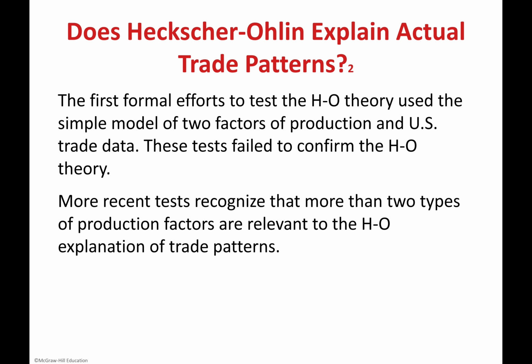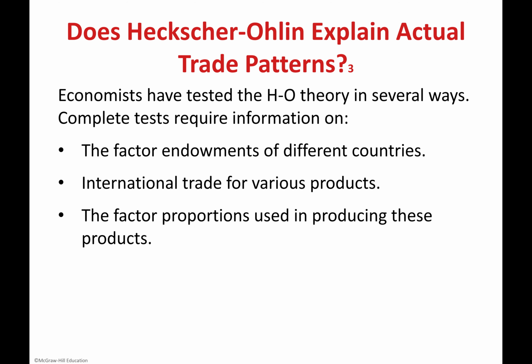So the first formal tests of the Heckscher-Ohlin theory used the simple model of two factors of production, the one we've just covered, and US trade data. The tests failed. More recent tests recognize that more than two types of production factors are relevant to the Heckscher-Ohlin explanation of trade patterns. And really what this comes down to is that we have to distinguish between, we can't just lump all labor together, because labor's different in the sense that there are blue collar workers and white collar workers.